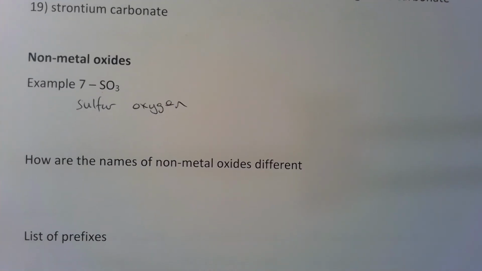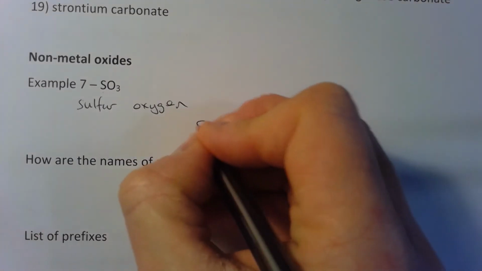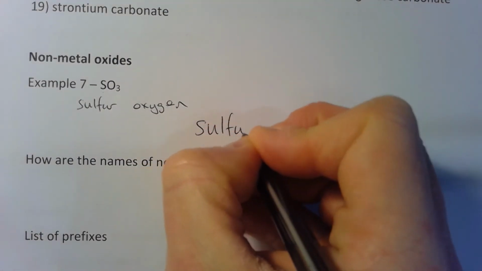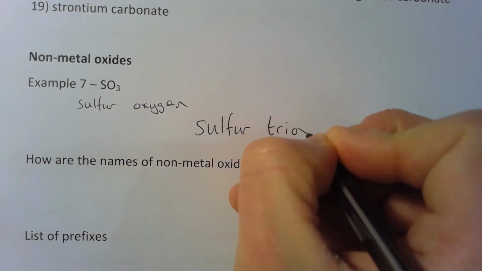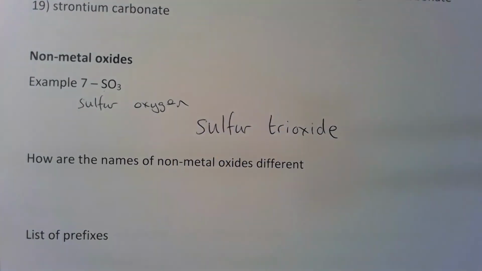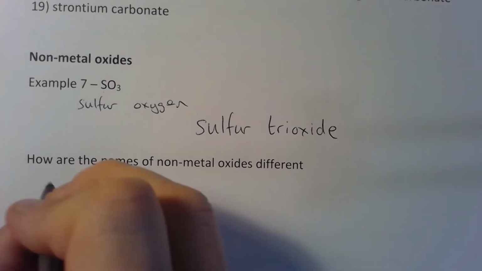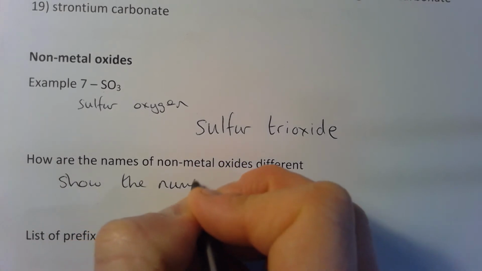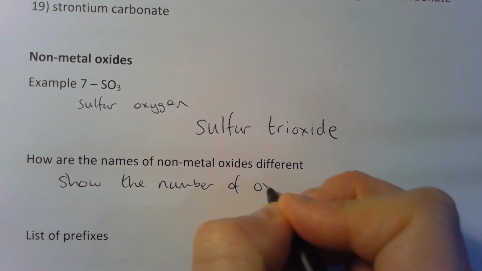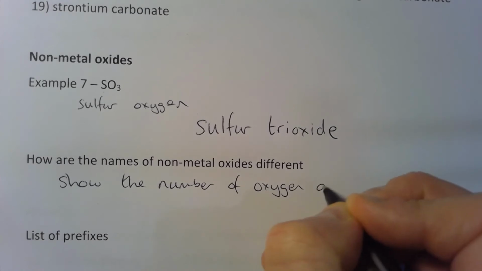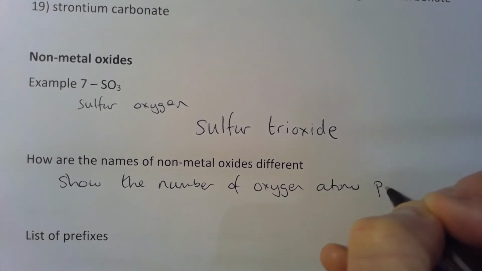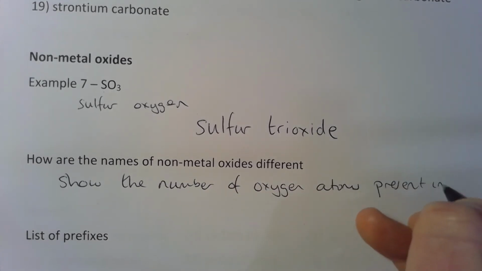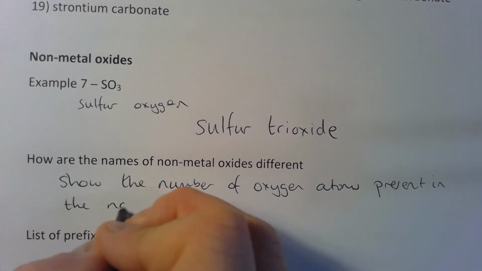So the name of this is sulfur trioxide. So how are these different? Well, we show the number of oxygen atoms present in the name.